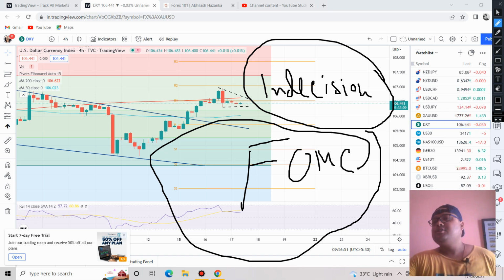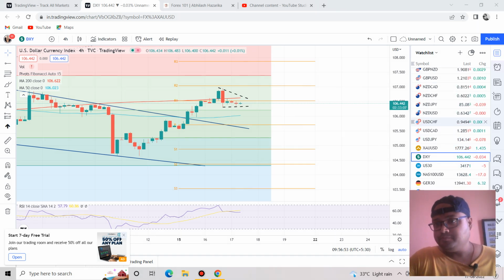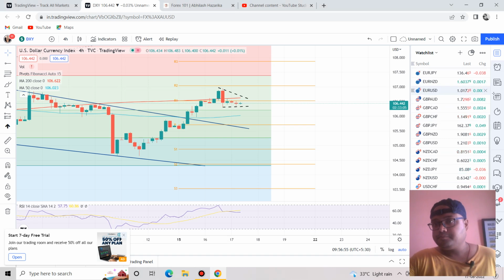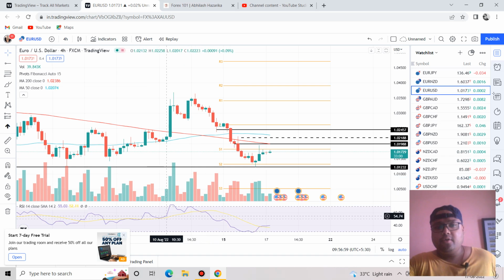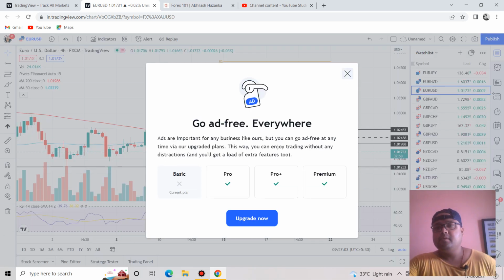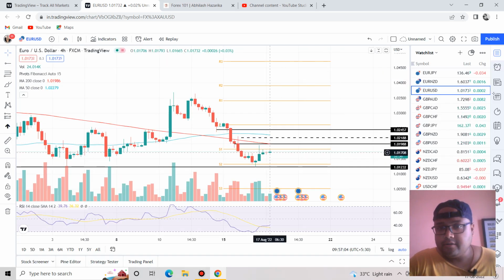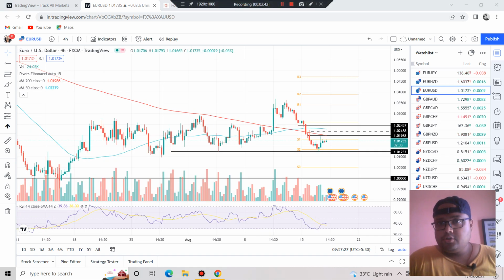Now let's have a look at the chart of Euro Dollar. Here is our beloved Euro USD. So this is the current market price here. So during the day, okay, listen to me carefully.